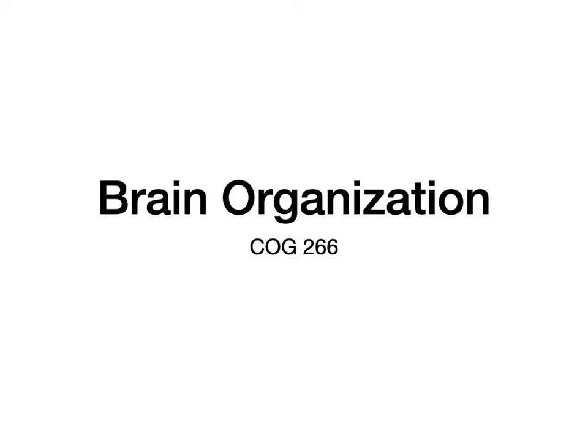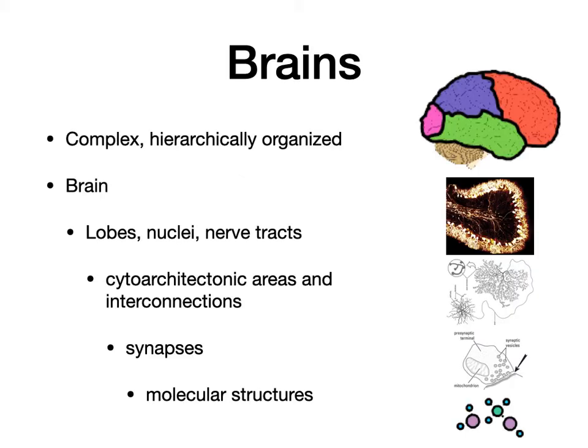So, as with so much of this course, brains are complex, of course, but they're also hierarchically organized. We've talked about this before. You have the whole brain level of understanding, that level of description. And you have the lobes, the nuclei, the tracts, like sort of the groups of things that are mechanically related within the brain.